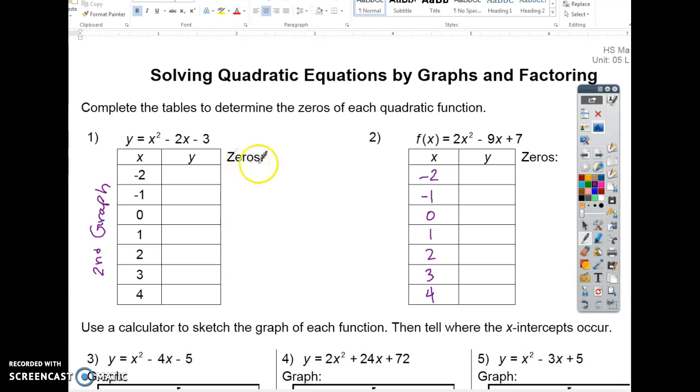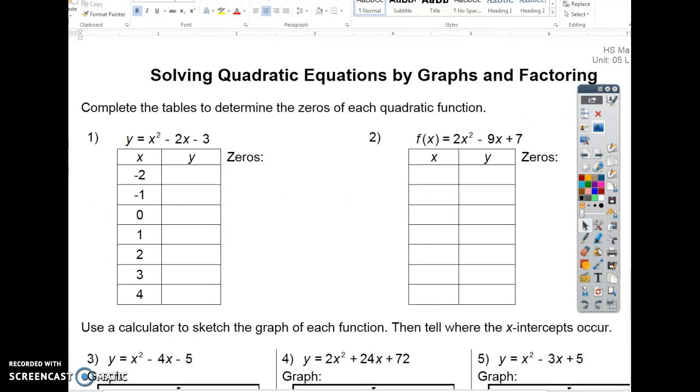It's also asking you for the zeros. So for the most part, there are 2 zeros. Sometimes there's 1 zero, sometimes there's no zeros. So you're looking for the zeros. I'm not talking about this zero, I'm talking about the zeros here. And if you can't find them on the table, then you also need to go to trace. You can put this in y equals trace and go find the zeros that way.